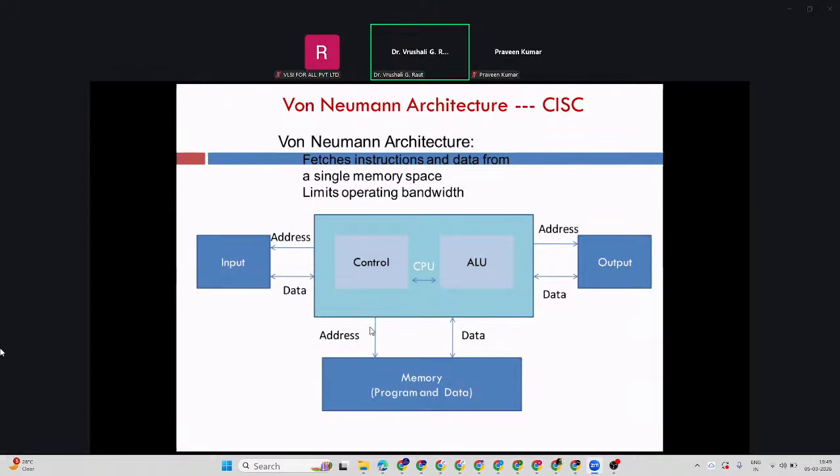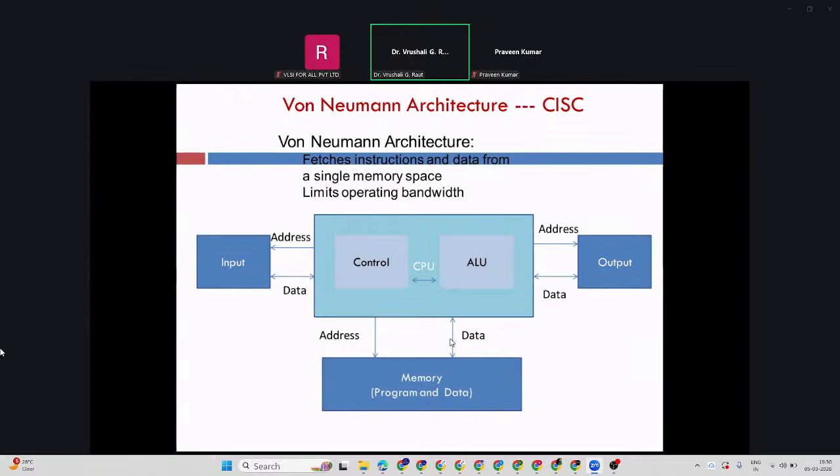For example, I have to access the program memory. I'll be sending the address of program memory, and through this bus, I'll be accessing that program, which will be executed by ALU instruction by instruction. If I have to access the data, again I am sending the address by the same bus, and on this bus, I'll be accessing the data. Are you getting? That way, the program and data memory is common.